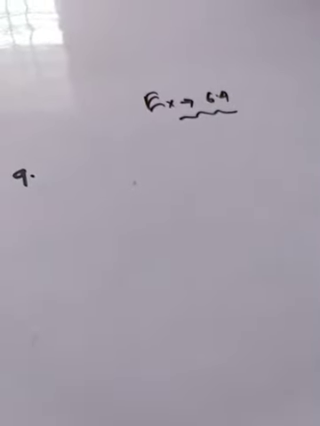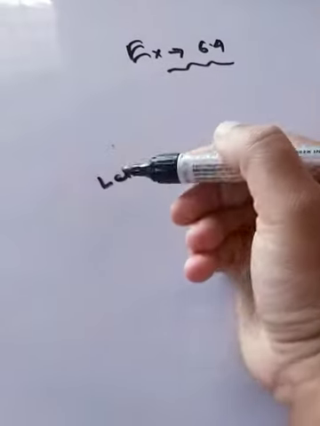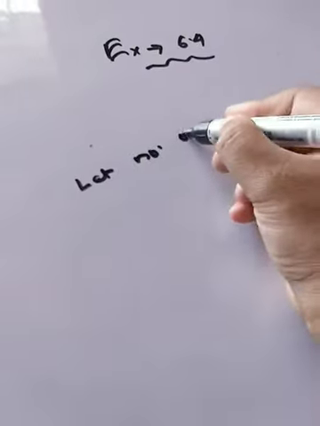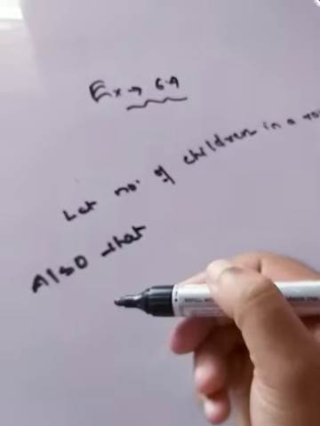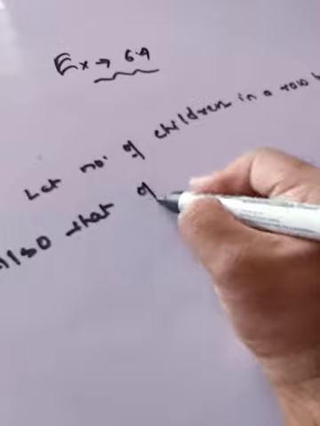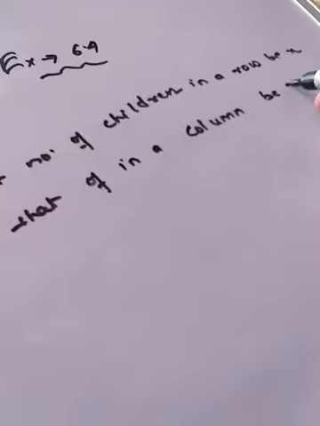Now let's start. Because the students have to be arranged in an equal number of rows and equal number of columns, let the number of children in a row be x, and also that in a column be x.